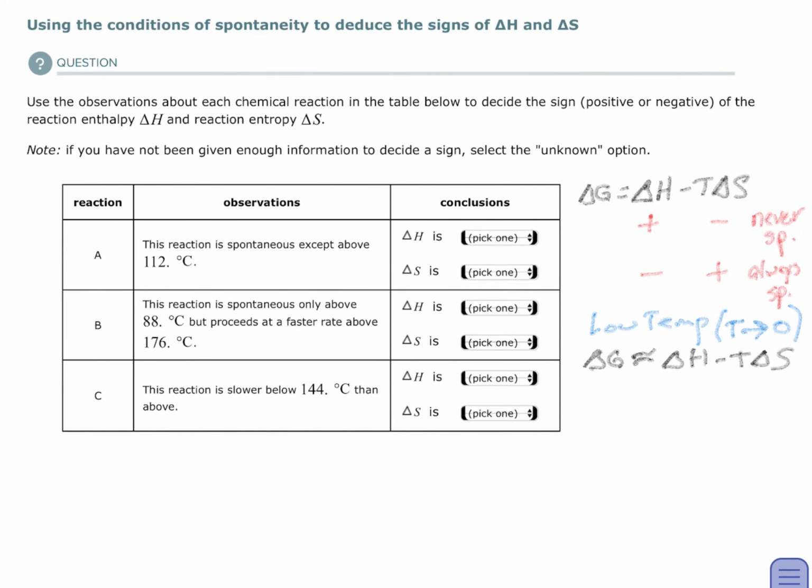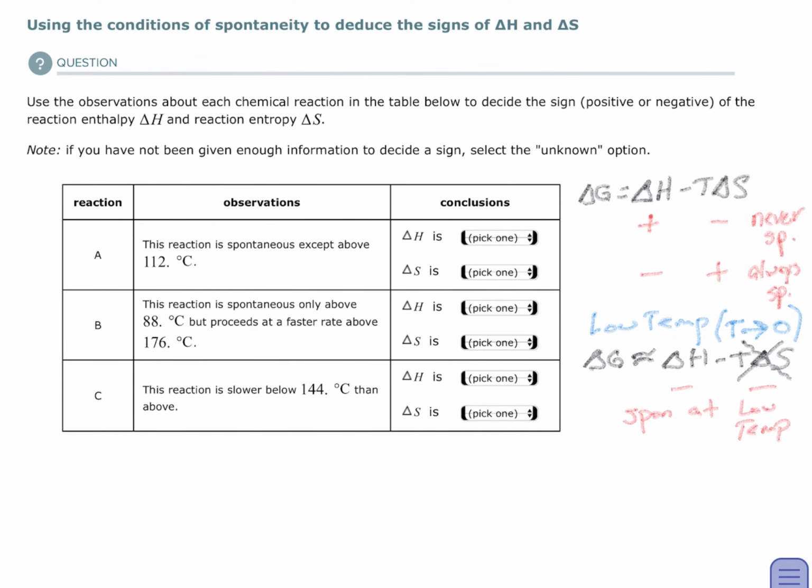Which makes delta G not exactly equal, but kind of fudgy equal, to just the first part. So at low temperatures, we're really more interested in knowing what the enthalpy is. If the enthalpy is negative, then G is negative. If the enthalpy is positive, then G is positive.